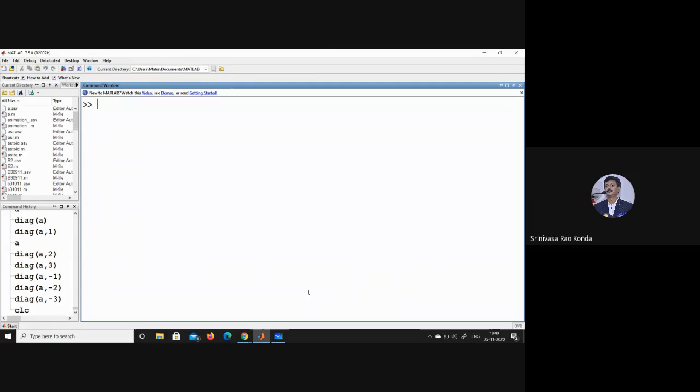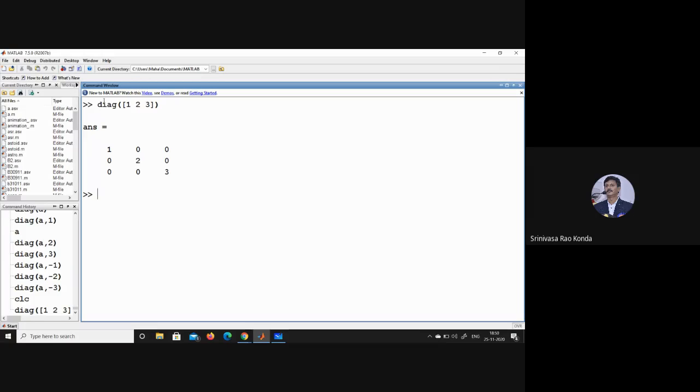Okay. So there is another command. Suppose you give DIAG of a vector 1, 2, 3, we'll get a diagonal matrix whose diagonal elements are 1, 2, 3. If it is a matrix, it displays the diagonal elements.